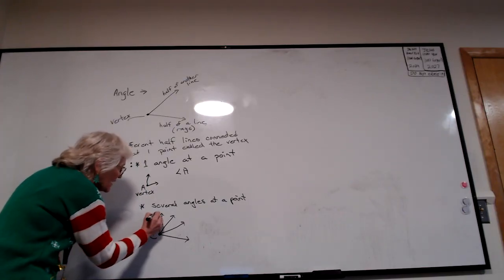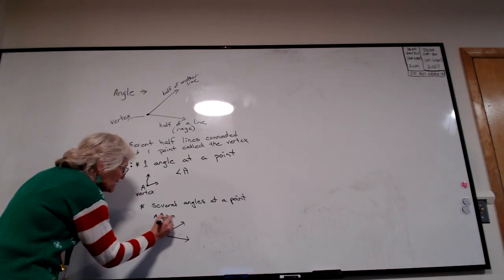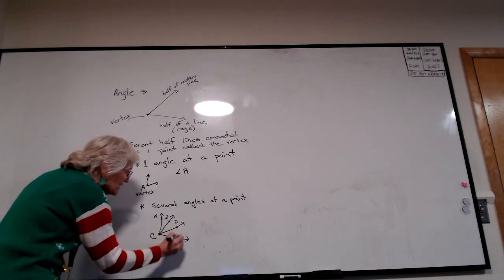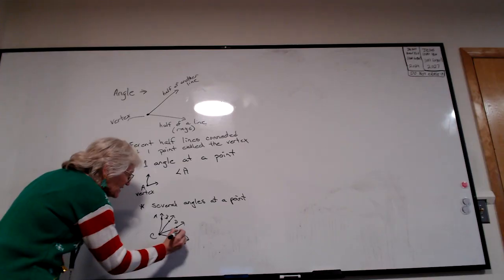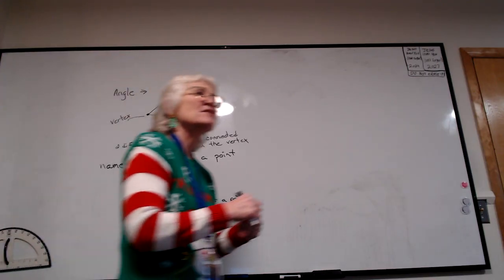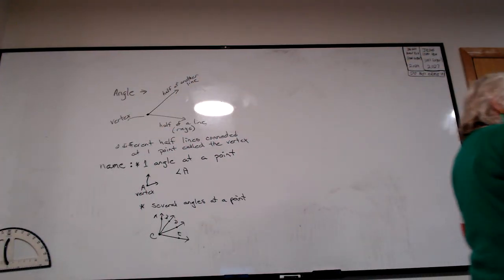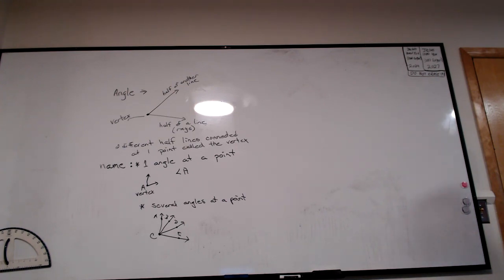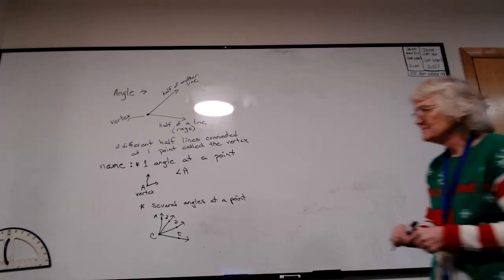Let's say I have A, B, D, and E. When there's more than one angle at a point, you must use 3 points to identify your angle.